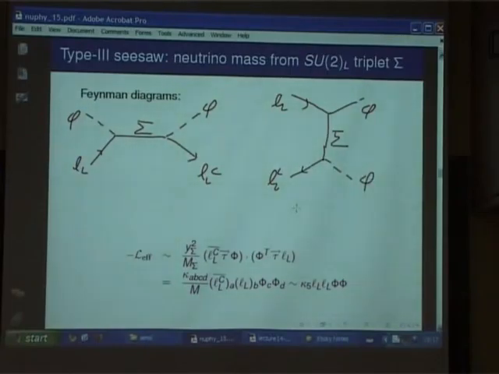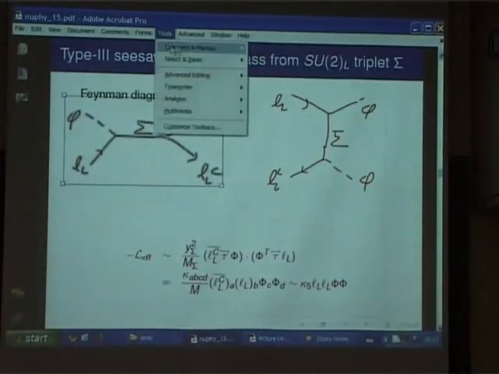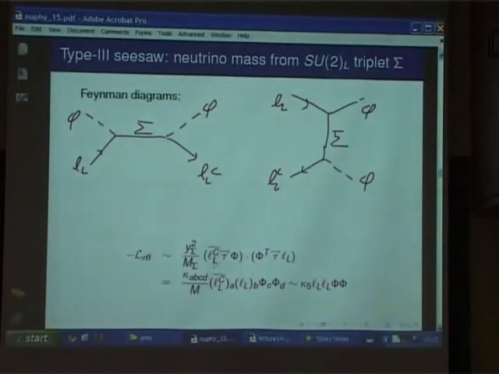So if I calculate this, the coupling is some y sigma, and then I get y sigma square divided by n sigma, and now it's a triplet, so these terms change, so let's not worry about it now. We haven't really gone into details of SU2, but once you have SU2 triplets, this is how things combine. So this L and phi get combined with this tau vector, which is sigma. Okay, we are not going to go into that.